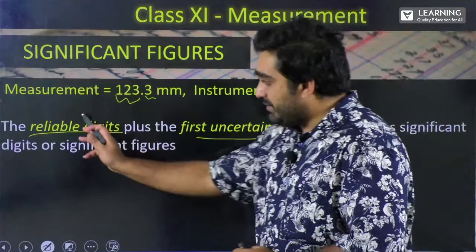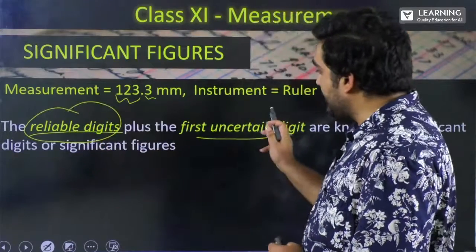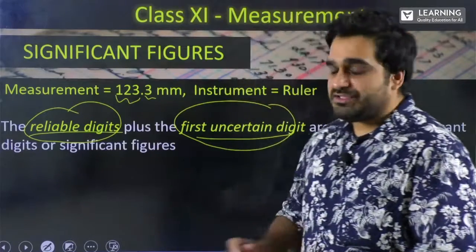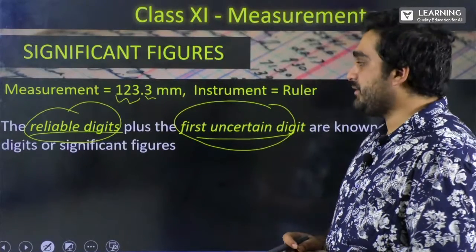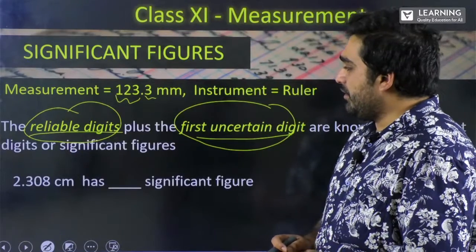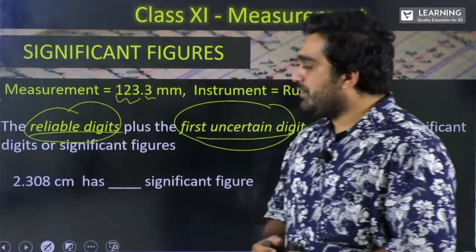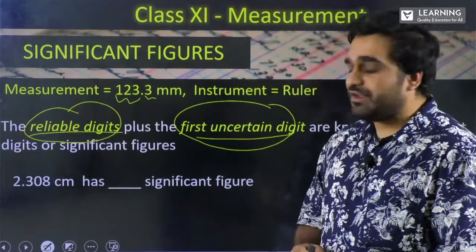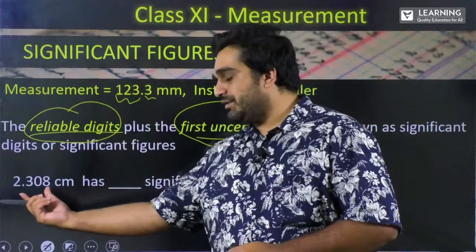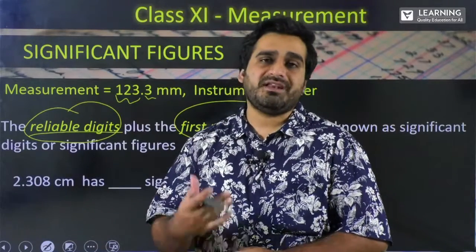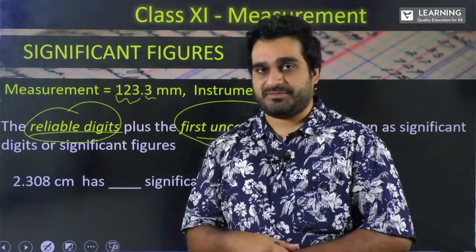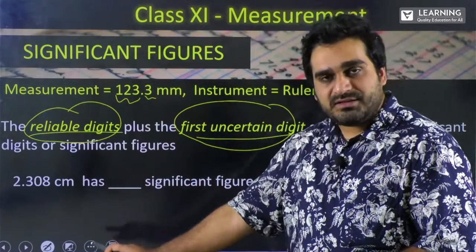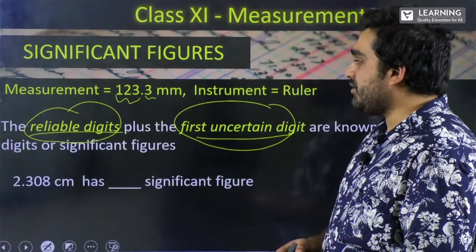Together, the reliable digits as well as the uncertain digit are known as significant digits or significant figures. In the following, 2.308 centimeter has dash number of significant figures. So how do we identify, for a given number, how many significant figures exist? For this, we use a couple of rules. We will answer this, but first let us understand what the rules are.